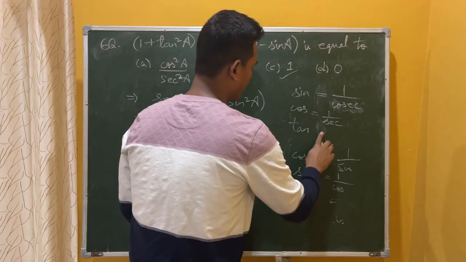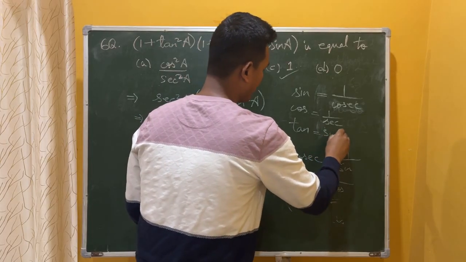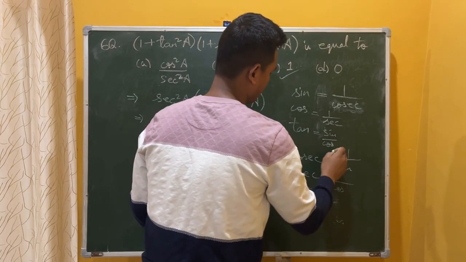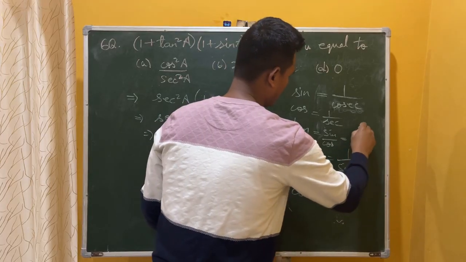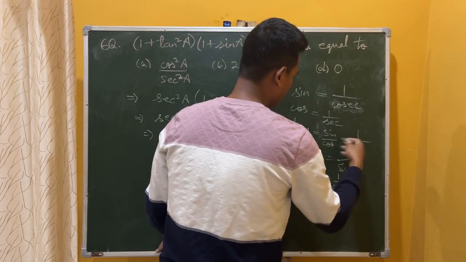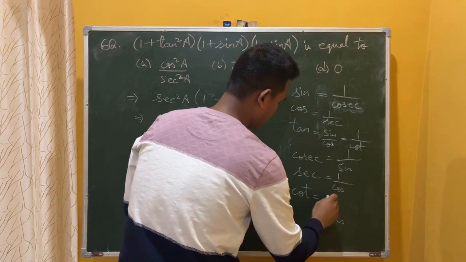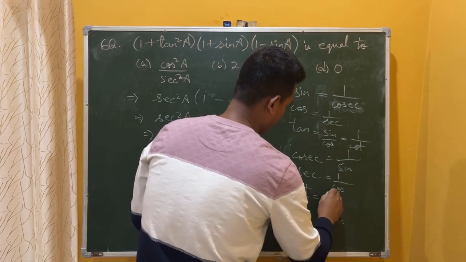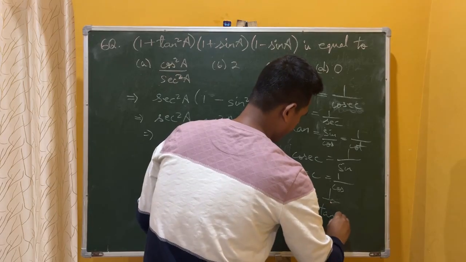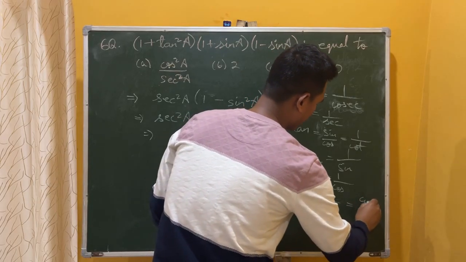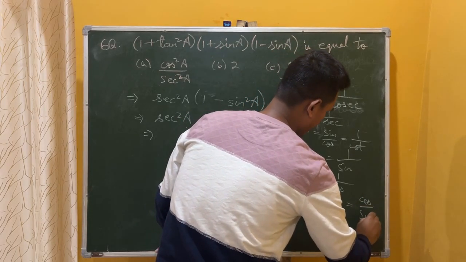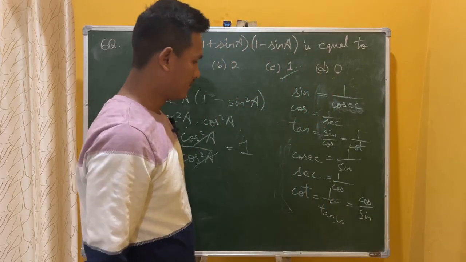While tan, we all know tan is sine upon cos, also the inverse of cot. Cot is the inverse of tan, or cos by sine, right?